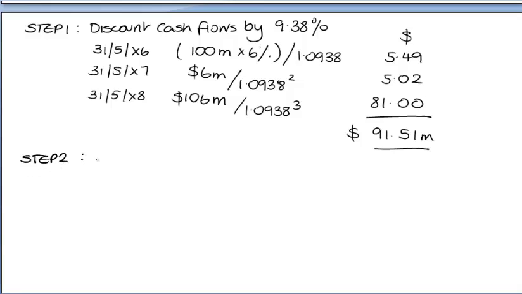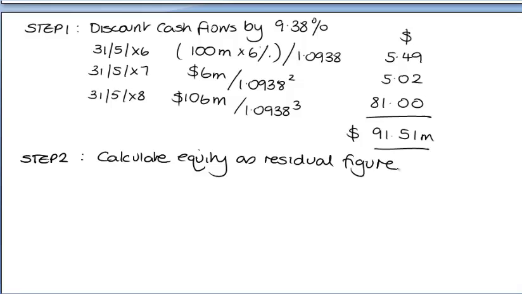Step 2, we calculate the equity as the residual figure. So here I'm going to debit cash. We've received a net 99 million.